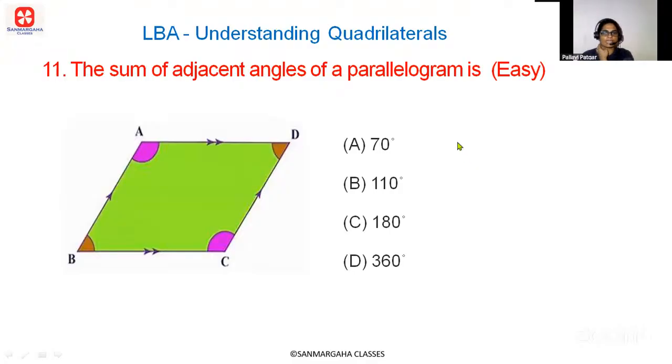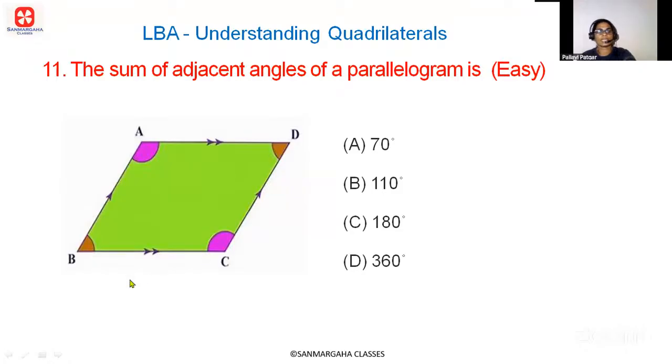Understanding quadrilaterals. In this chapter, look at the question number 11. The sum of adjacent angles of a parallelogram is option A 70 degree, B 110 degree, C 180 degree, D 360 degree. So here in a parallelogram, the opposite sides are parallel.